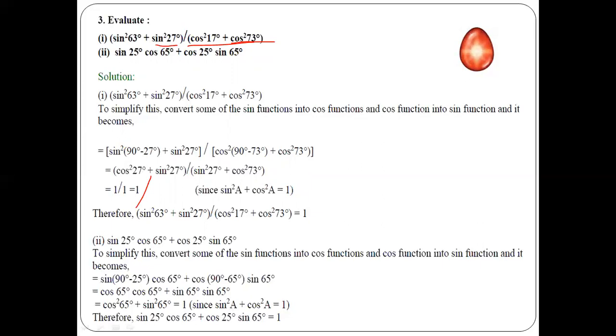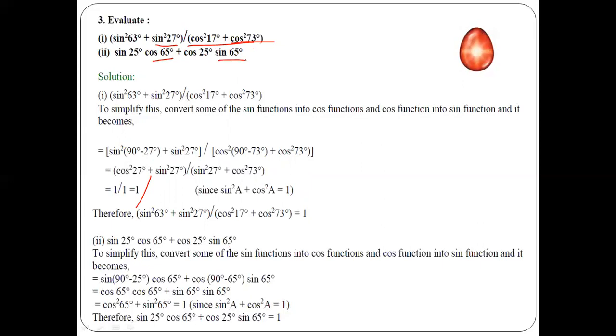Next question. Sine 25 degree into cos 65 degree plus cos 25 degree into sine 65 degree. In this, you need to change cos 65 into sine 25 and sine 65 into cos 25.